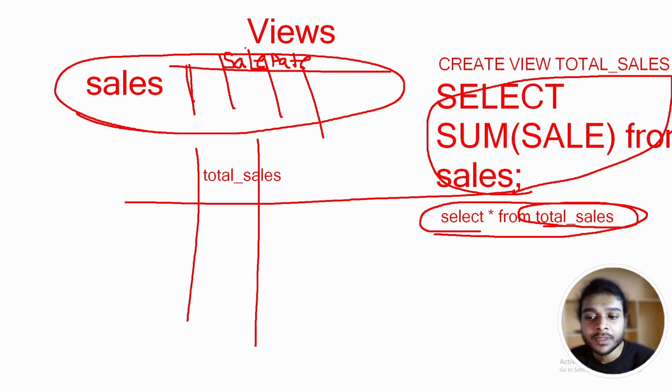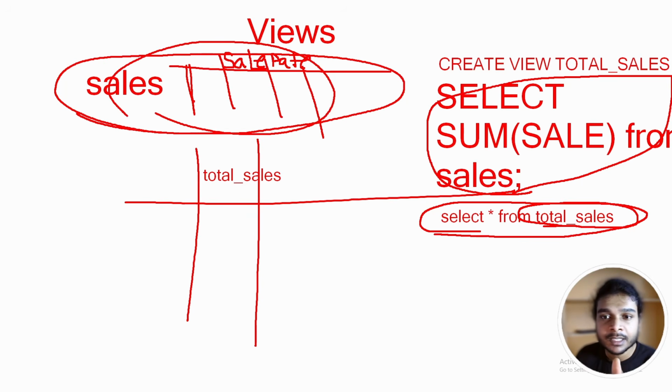So to overcome that limitation, we can create a materialized view to overcome the speed limitation. A materialized view acts as a view and also a table at the same time. It stores the data of that query with it. So whenever you query the data, it doesn't go back to the sales table again, because the materialized view itself stores the data in itself.